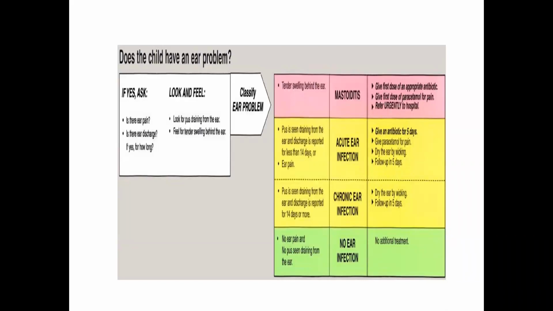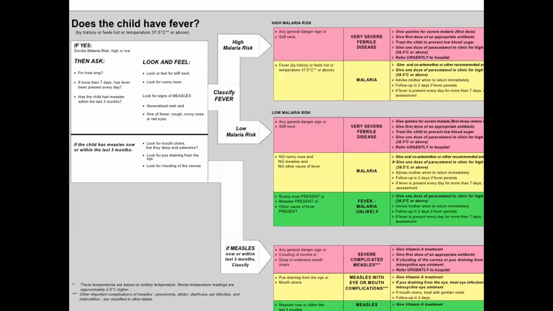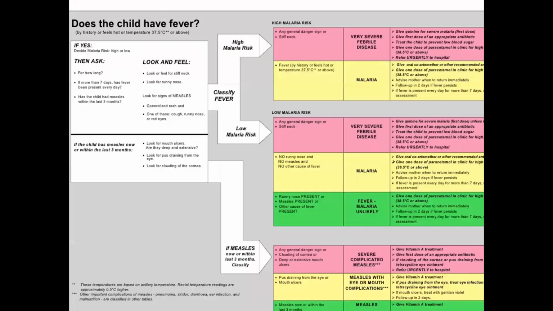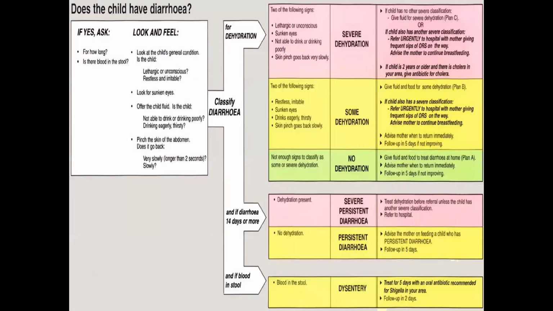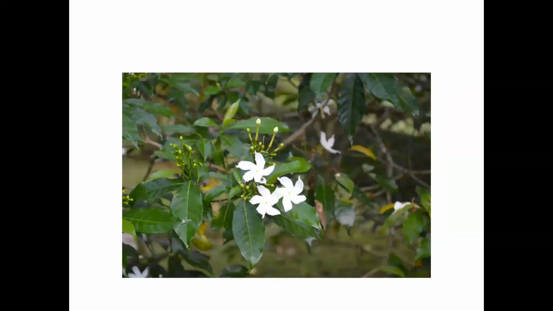So this is the problem of the ear. But I don't see any of this. Yeah. The important thing missing here is ARI. There is no assessment chart for ARI. We see malaria, diarrhea, malnutrition, and ear infection. Okay, whatever.